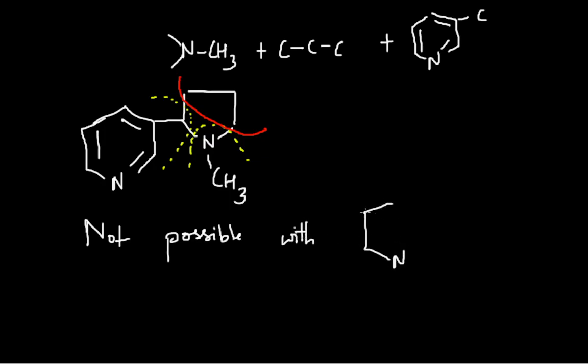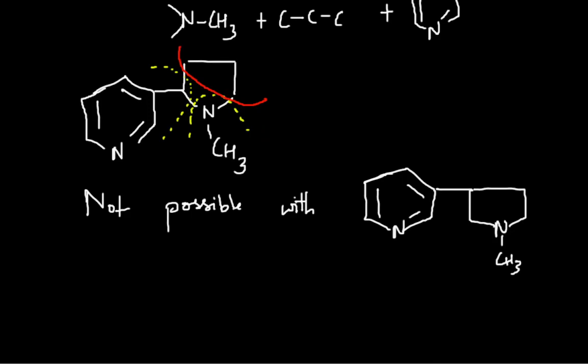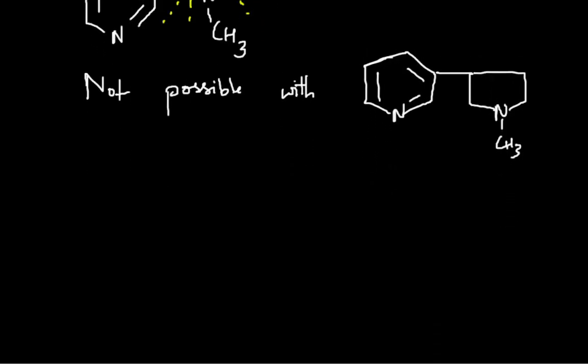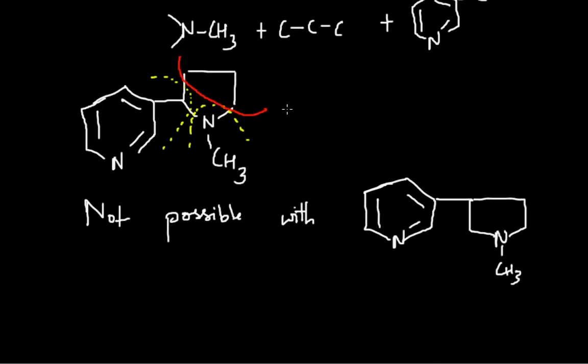You can try it out. Not possible. So the correct structure for nicotine based on the arguments that we have is this one. This is your final structure, not this one.